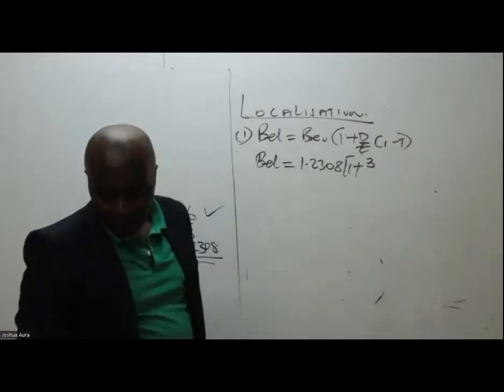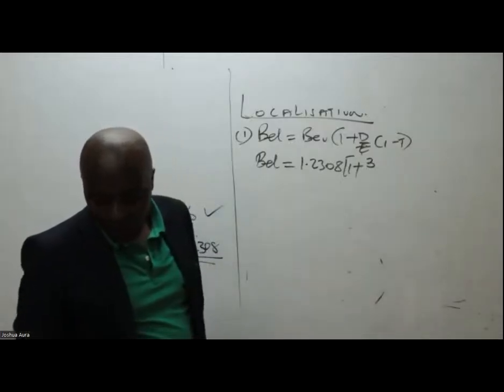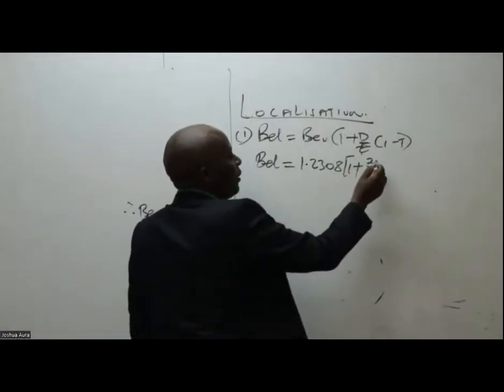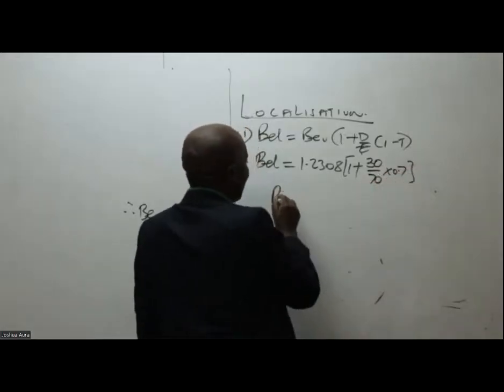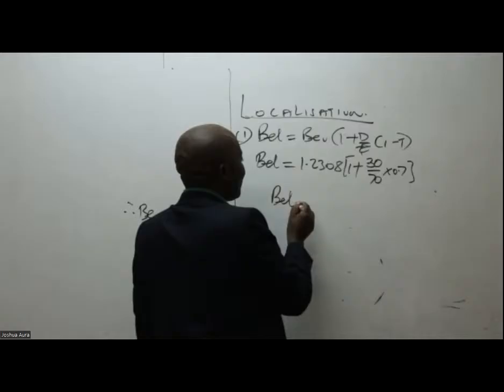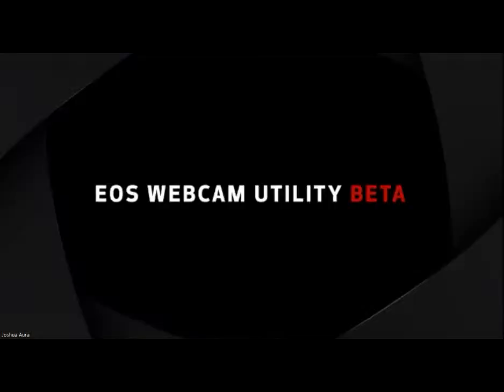Debt in the question here, Roman 1, is 30 debt, 70 equity, and then 0.7. Your answer of BEL will be very similar to the one we got above.